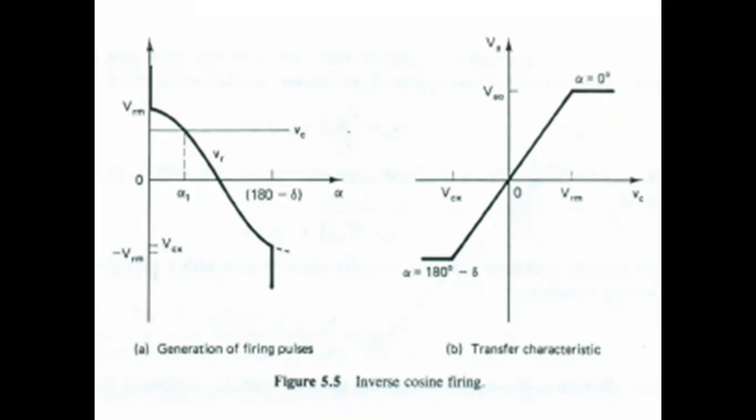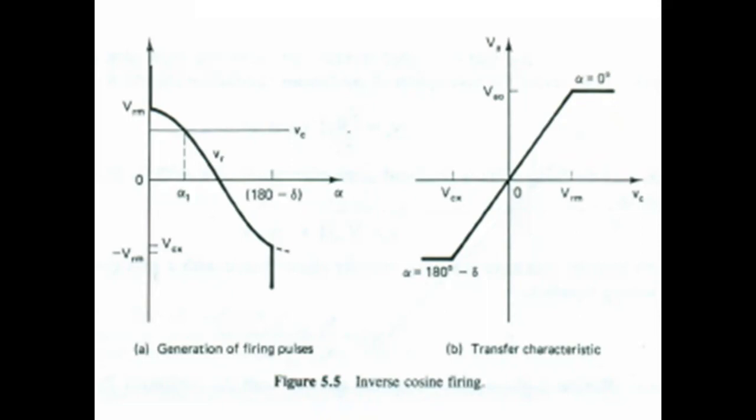Now only the reference wave is left. The reference wave VR is timed to have its peak at alpha = 0. For alpha = 0, the wave will be starting. For a single-phase rectifier, which is shown in figure 3.7, the voltage leads the source voltage V by 90 degrees.